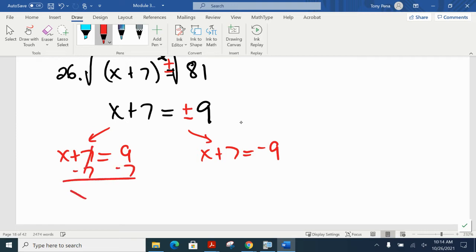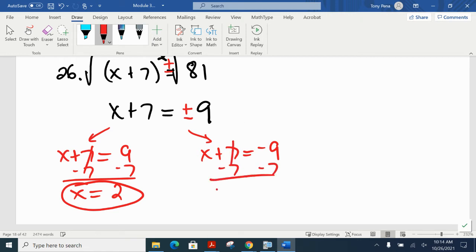What was your first answer, Riley, here? By 1, you mean 2? Good. So x equals 2, 9 minus 7. Good. All right, and then the second one, subtract your 7 over.